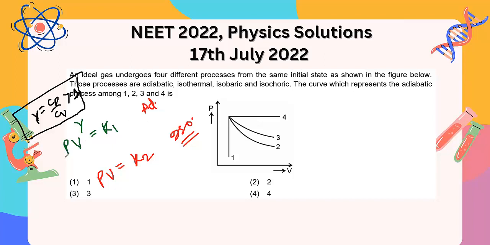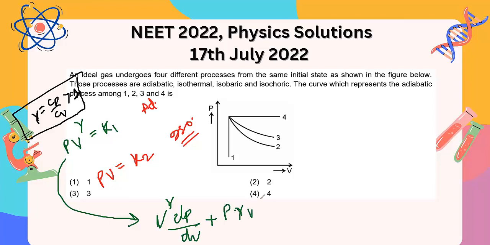So if I try to write the slope for this one, if I try to differentiate this one on both the sides, what will I get? Use the product rule. I differentiate with V, volume, on both the sides. So you'll get V to the power gamma dP upon dV plus P times gamma V to the power gamma minus 1 is equal to 0.